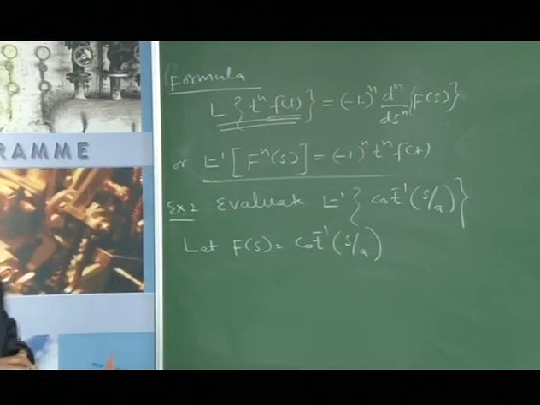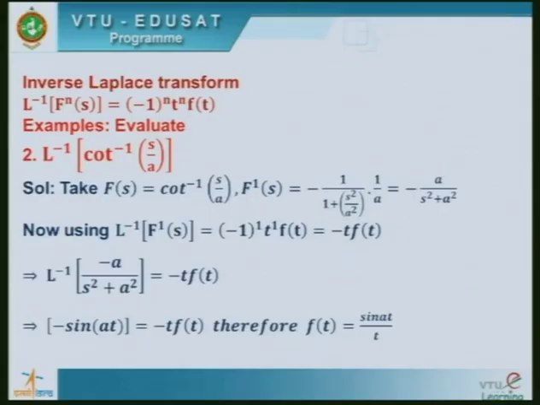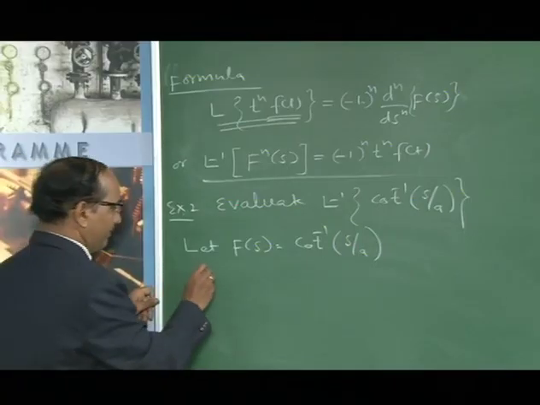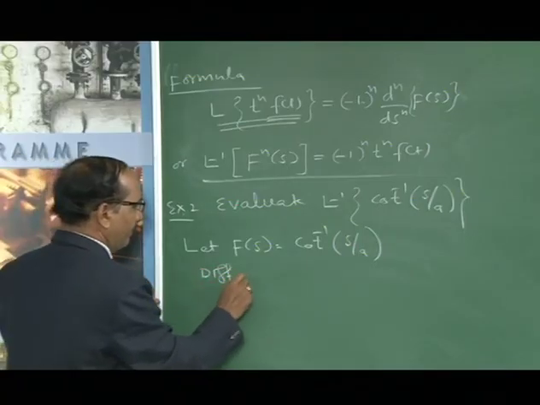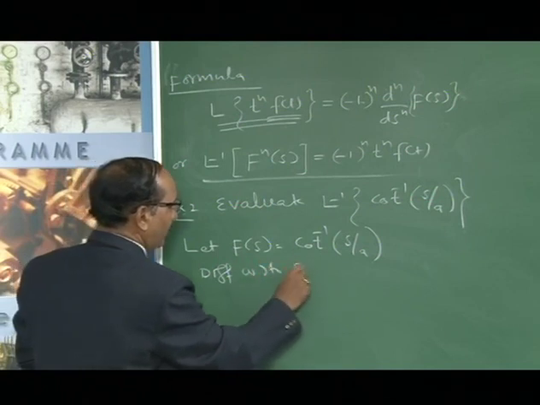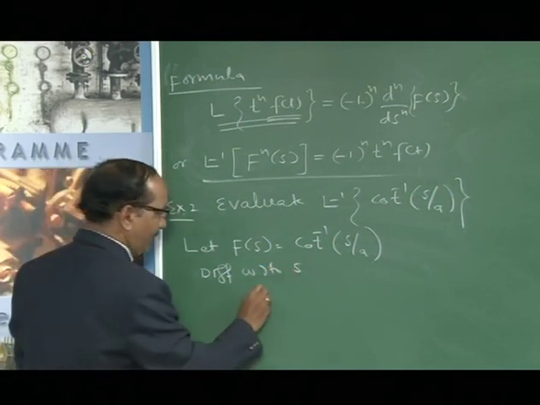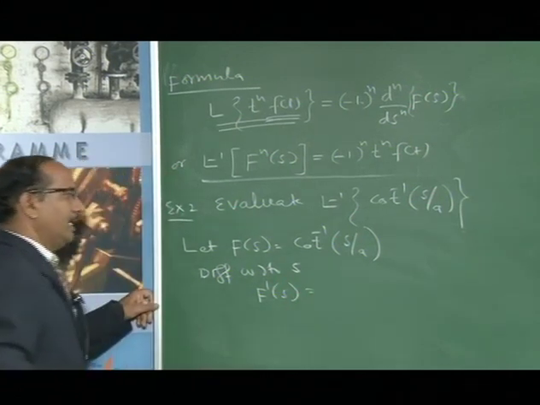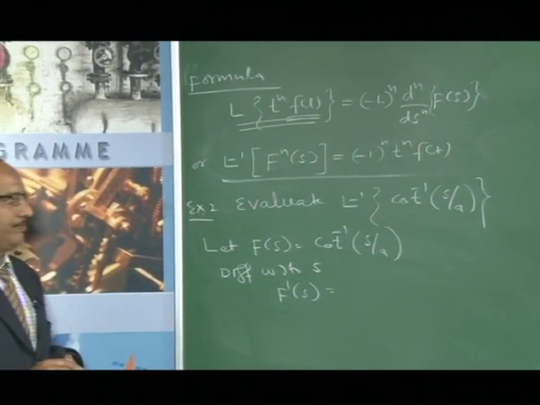Now, you check whether the inverse is available for this function or not. Directly no, the inverse is not available, for cot inverse or tan inverse. So, we go for differentiating with respect to s. So, f of s becomes f dash of s. What is the derivative of cot inverse s by a?